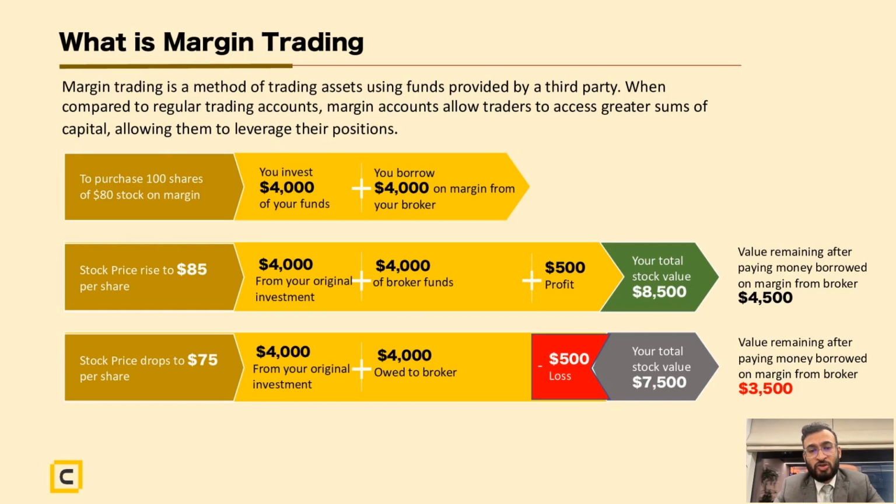Now, just to give you an example, what is the advantage of doing margin trading? This is something which a lot of people always ask: why can't I pay 100% of the money? Why do I have to use just a smaller amount? Why can I not pay 100% of the money?